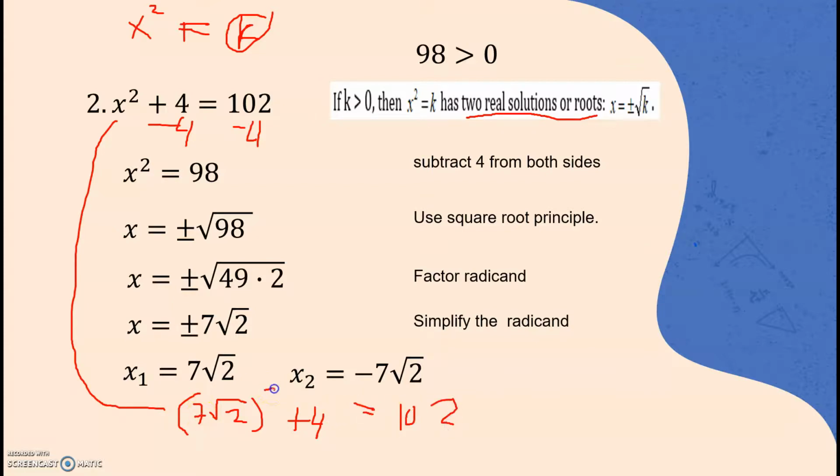Now, 7 squared is 49 times 2, that's 98, right? Plus 4. So, 98 plus 4. Basically, it's 102, right? Check it yourselves. It's the same for the other one.